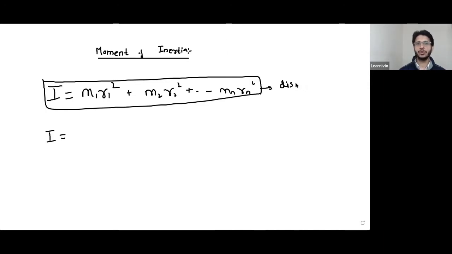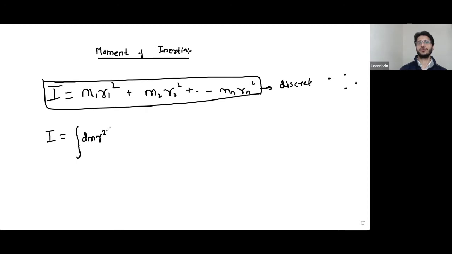You will use this formula if your distribution is discrete, like if masses are spread out, like this one mass, another mass, third mass, throughout the system. Then this is a discrete distribution.